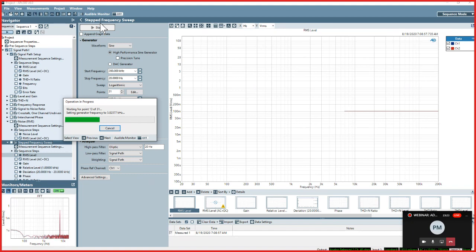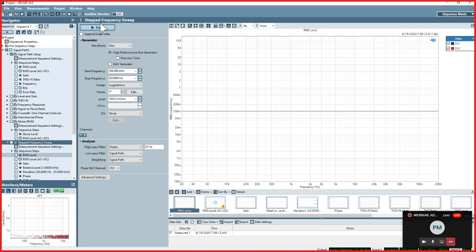Now, testing a DAC or an ADC, in this particular case, we'd probably be looking at an ADC. The reason that this would be interesting is it would let us sweep a converter not just across its full bandwidth, but through the transition and stop band of any anti-aliasing filters in that converter.